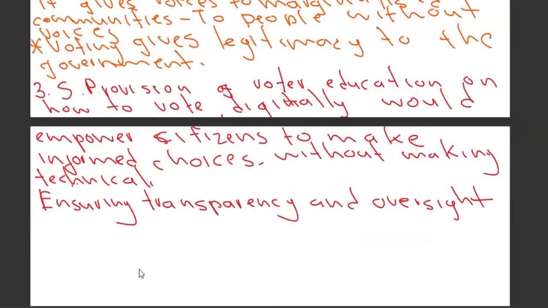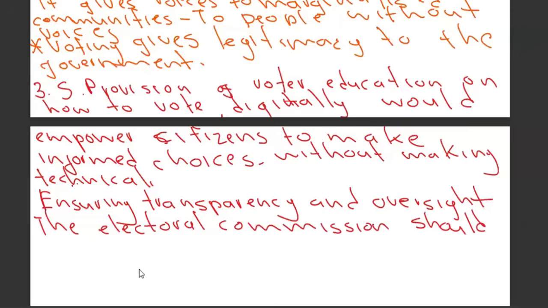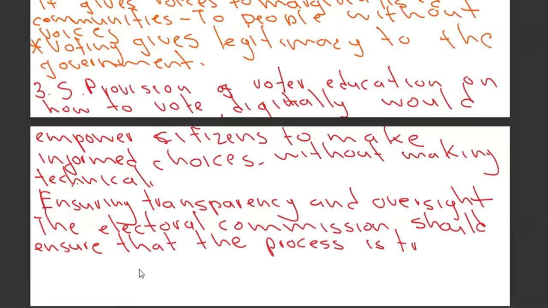The Electoral Commission should ensure that the process is transparent throughout the voting process.